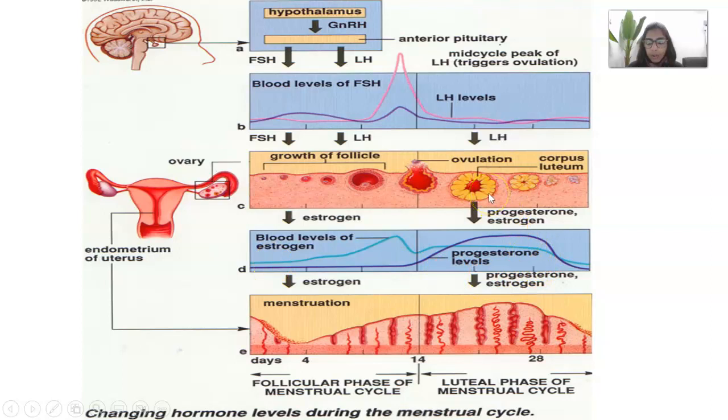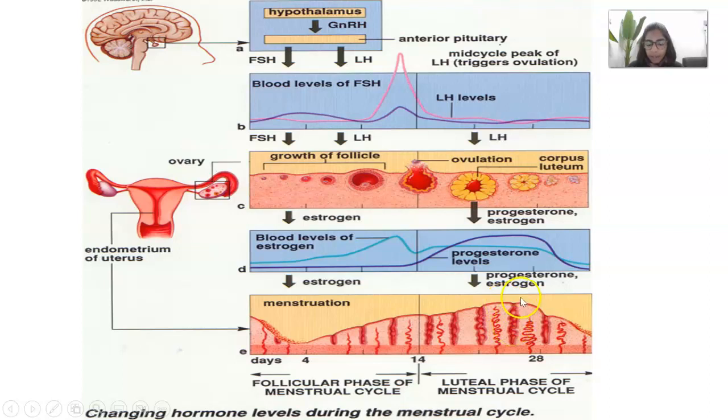So progesterone and estrogen levels remain quite high because they are being secreted by the corpus luteum. Why is that significant? Well, these two hormones, progesterone and estrogen, will thicken and maintain the lining of the endometrium, ready to accept a fertilized egg.